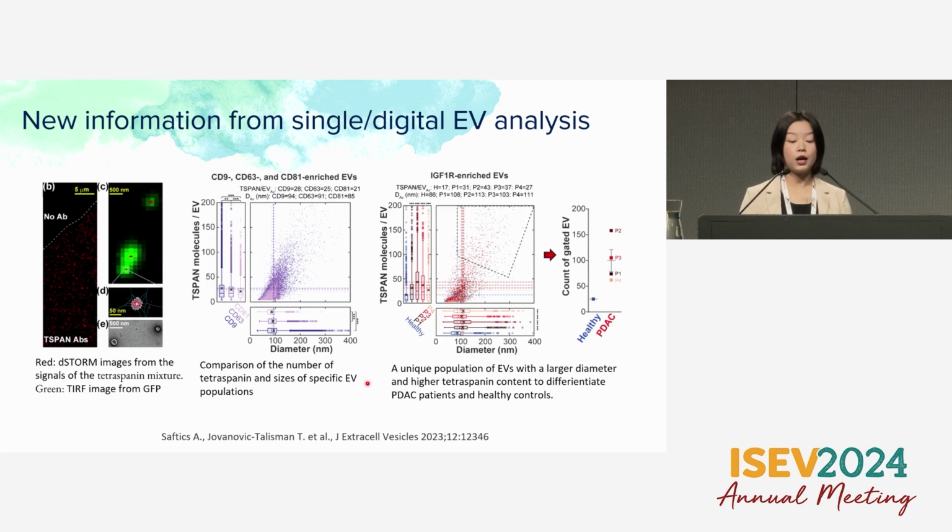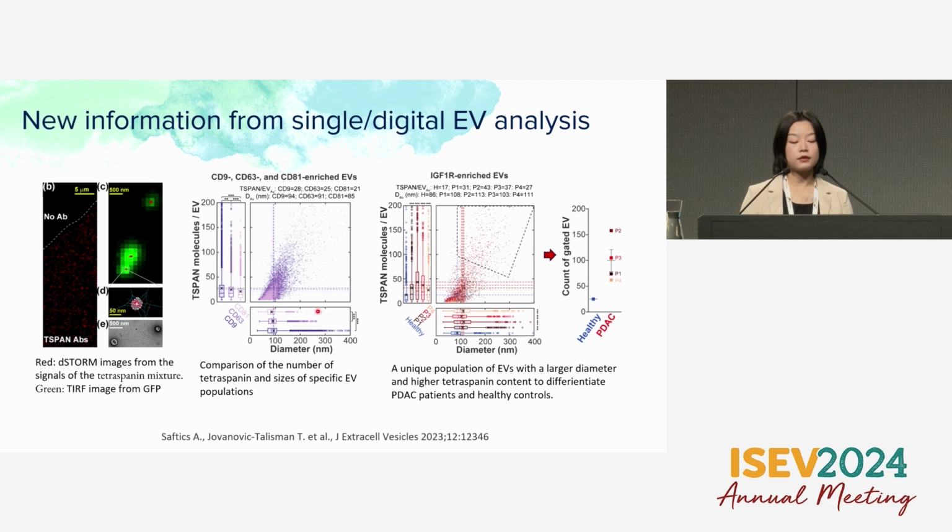And the next example I want to share is from Professor Jovanovic-Talisman's group, which used dSTORM-based super-resolution microscopy to assess single EVs. Here you can see that super-resolution imaging gives a significant improvement in resolution. This allows analysis of both the size and the number of tetraspanins on each individual EV.